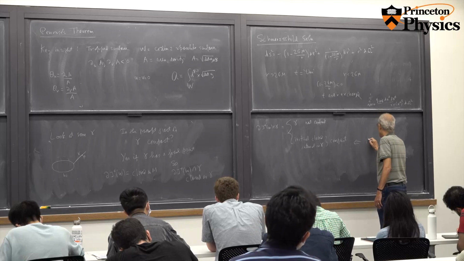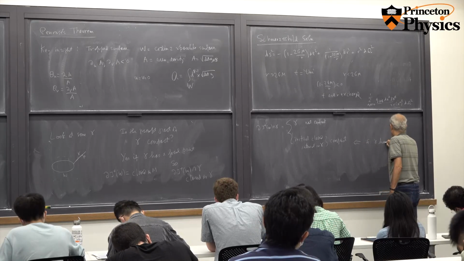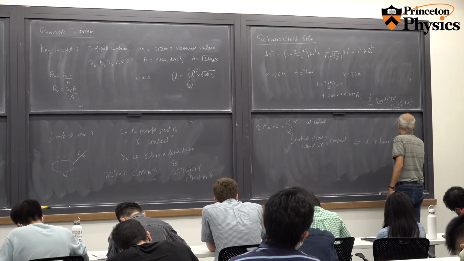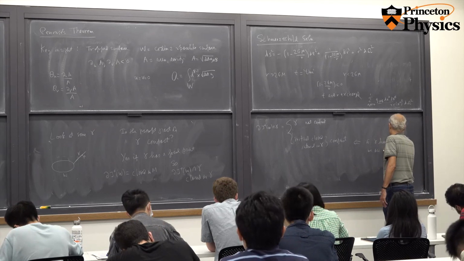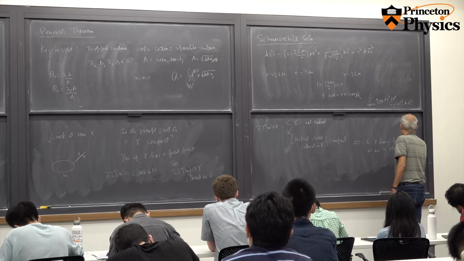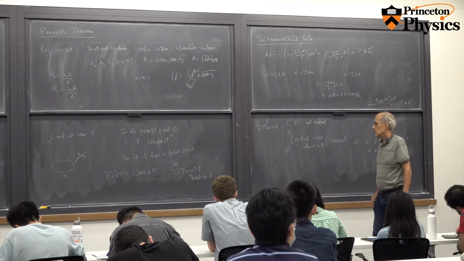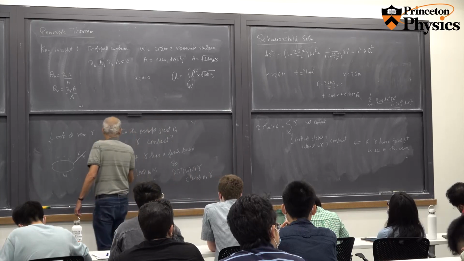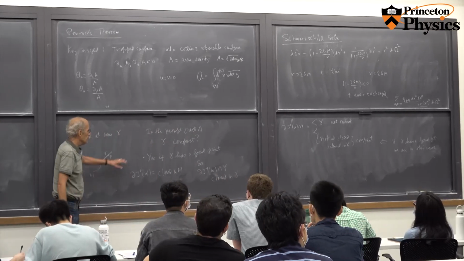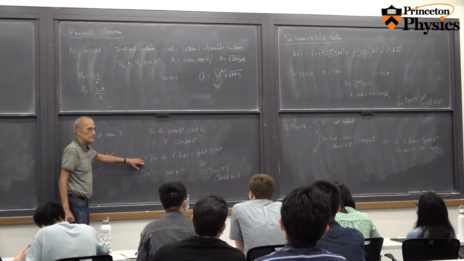So if gamma has a focal point, we're in this case. That explains that if gamma has a focal point, the prompt part of gamma is compact.